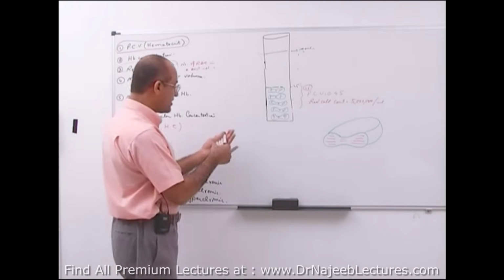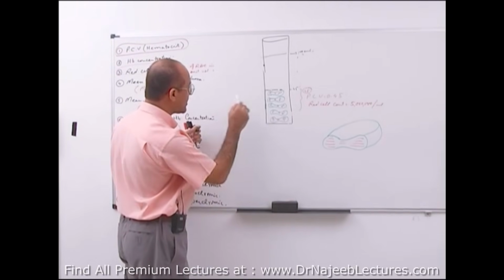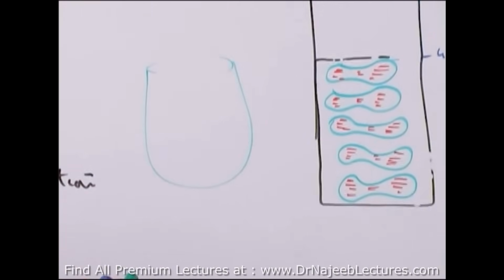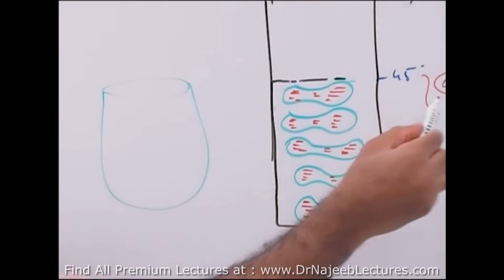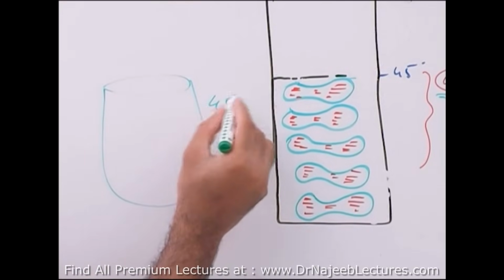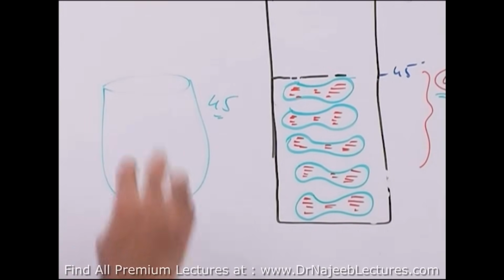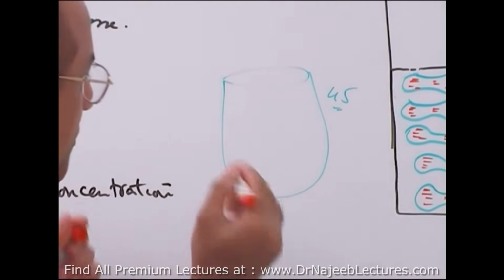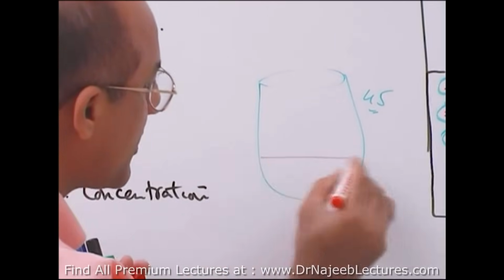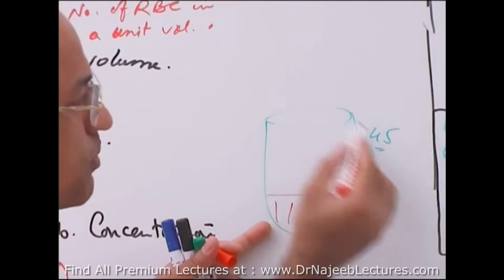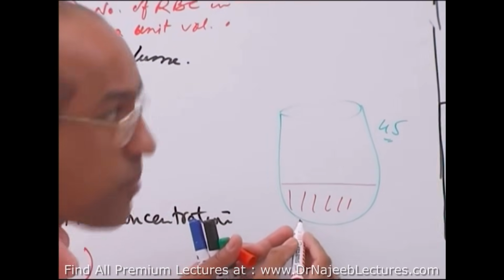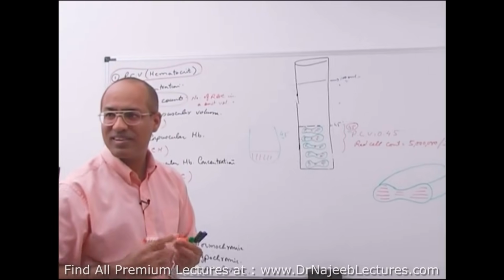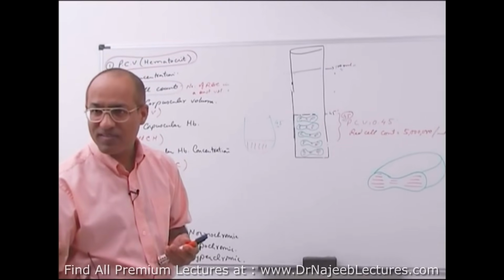Look, if I put all RBCs together, it becomes a bag of RBC. Is that right? If the total bag of RBC is how much volume? 45. If I say this bag is 1/3 full, then what should be the amount of hemoglobin? Right? 33% of RBC, but 15% of the total blood. You are understanding?